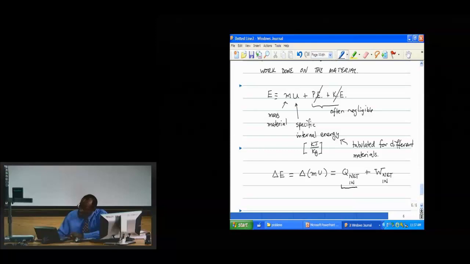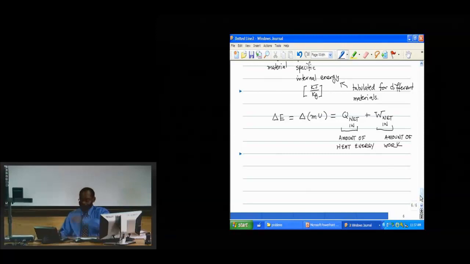So this is the amount of heat energy and this is the amount of work. Again, this is formulated for an identifiable amount of matter.